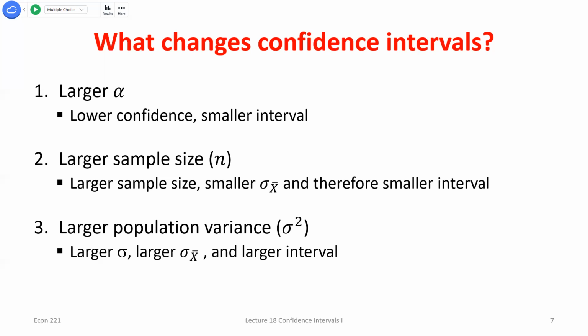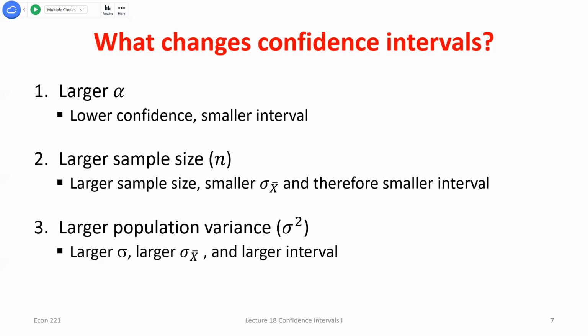What's going to change about the distribution of my sample means? It's still going to be centered around the same value, that true population mean. But what's happening to the standard deviation of my sample mean? If the sample size is going up, then that standard deviation is actually getting smaller.